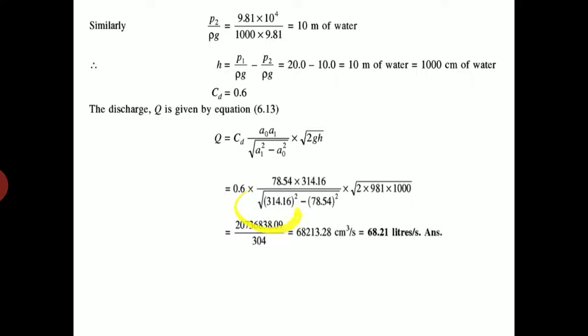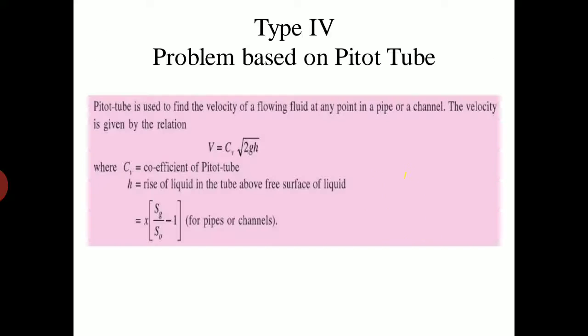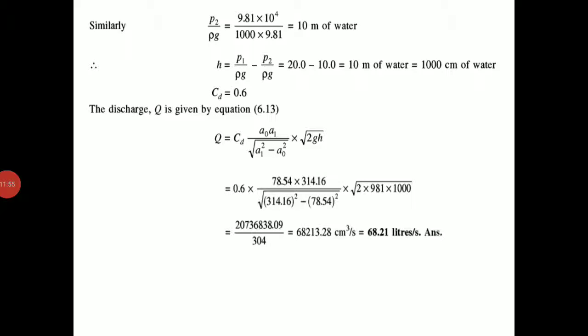Again we substitute A1 square minus A2 square multiplied by under root 2gh, where h we have calculated over here. Note that all these values are in centimeters. You can also solve this numerical in meters: we need to calculate the area in meter square and the other values in meters. Finally we get the answer as 68.21 liters per second. Hope all of you have understood this numerical. Thank you very much.